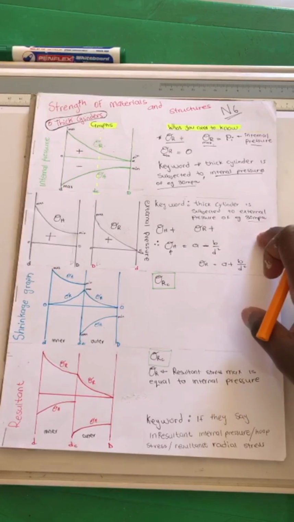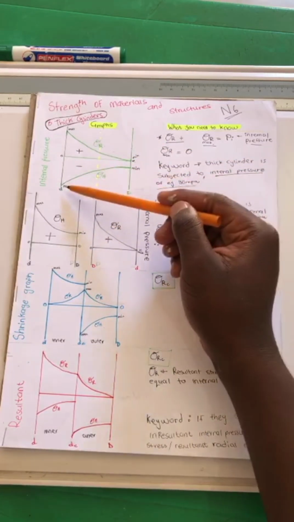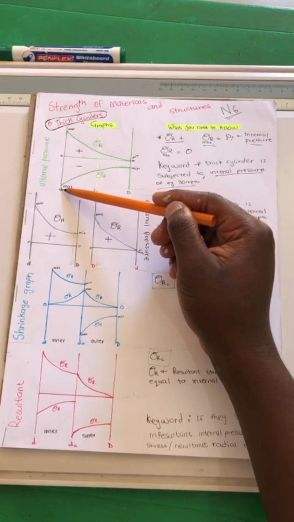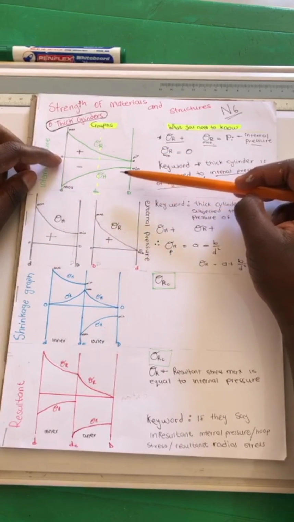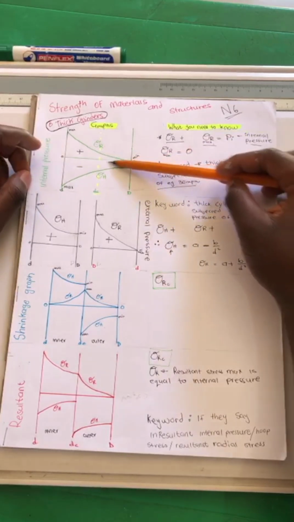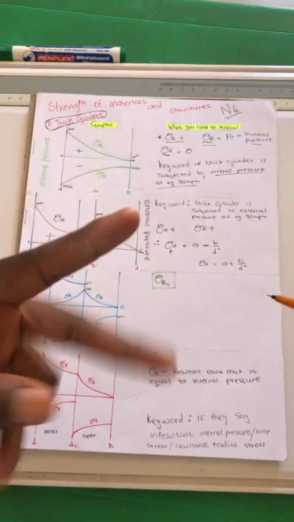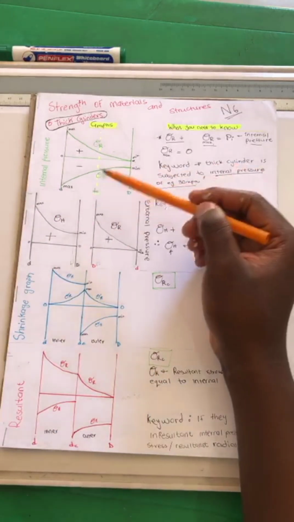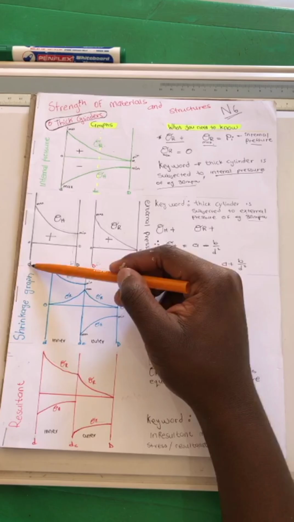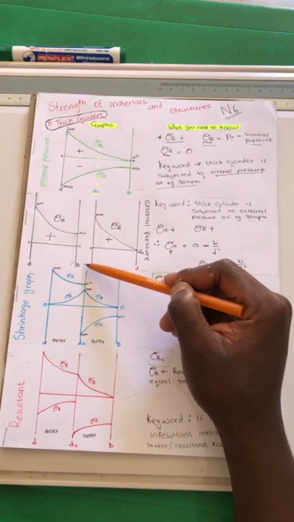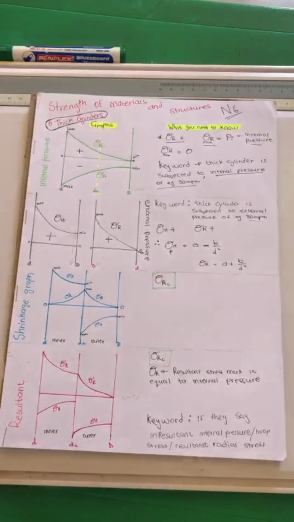And then the other trick is that when we look at the internal pressure graph, the small diameter is on this side. If you can notice, this part is actually this part, just flipped. But on this part, it's not the same.